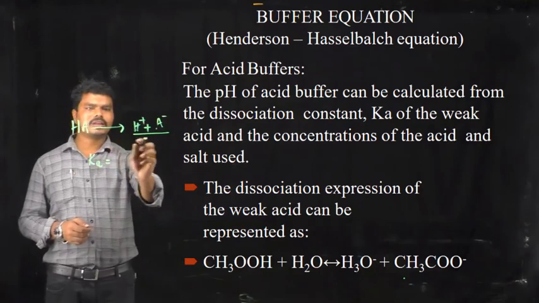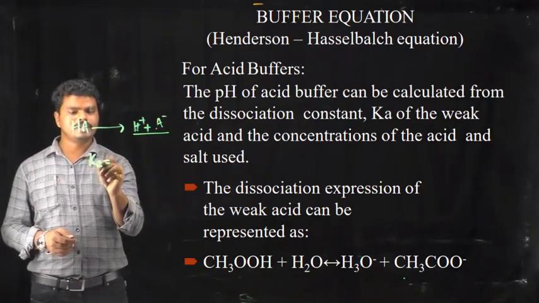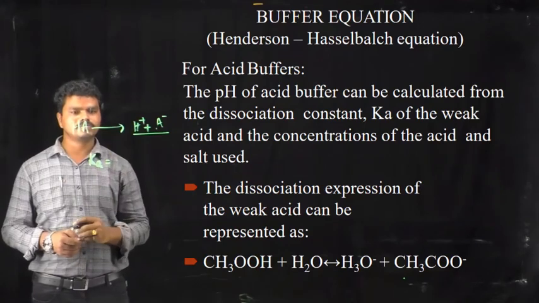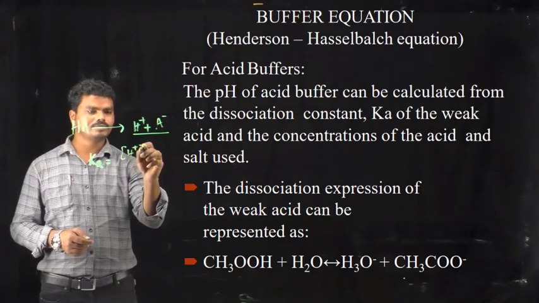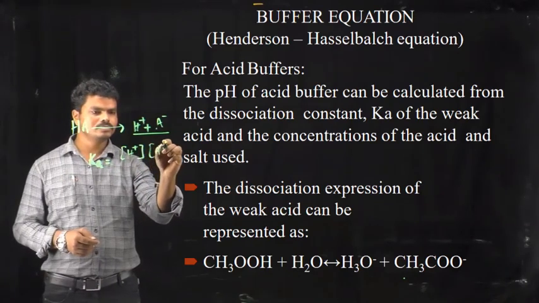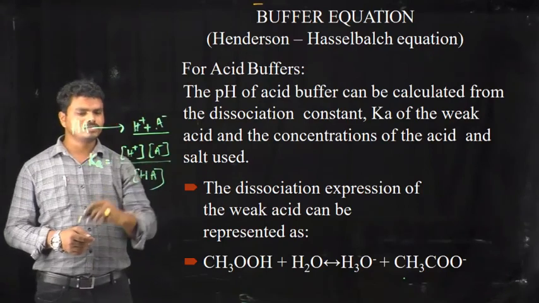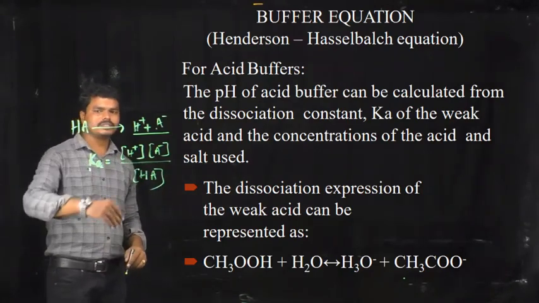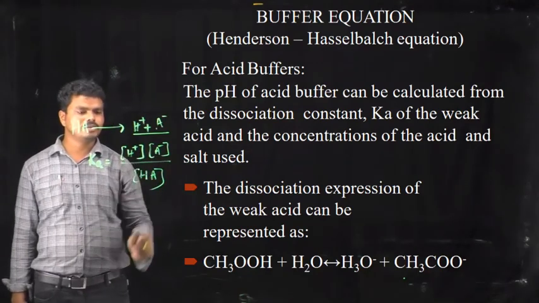When you apply the law of mass action to this equation, Ka is the dissociation constant of this ionization, so Ka is equal to the concentration of the products divided by the concentration of the reactants.